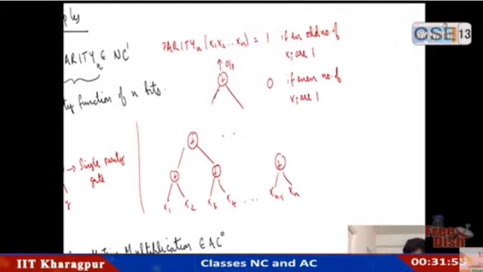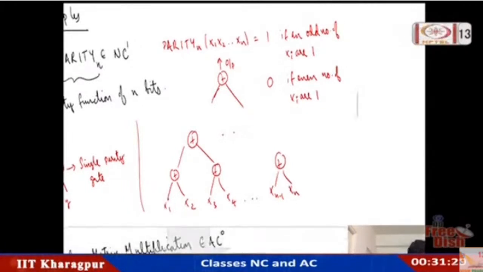This has depth order log n because each parity gate has a constant size. The way I have drawn it, it is not an NC1 representation because I have constructed it using single parity gates. But then you can replace each single parity gate with a small circuit that uses only AND gate and OR gate of bounded fan-in. You can work that out. So this is certainly possible.